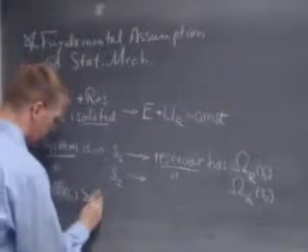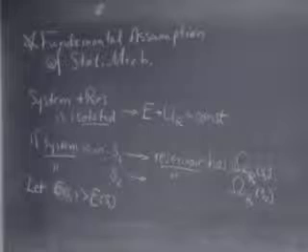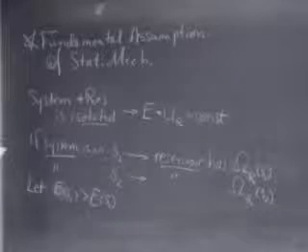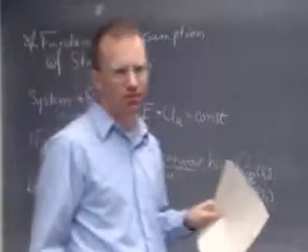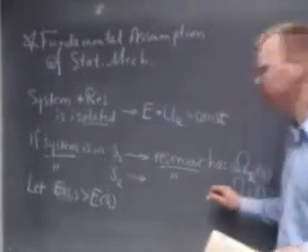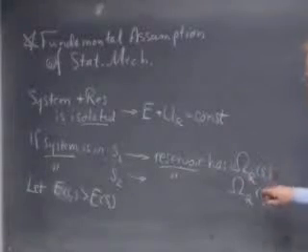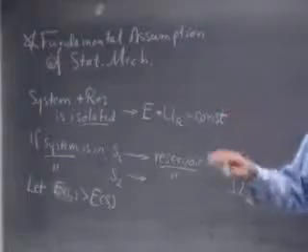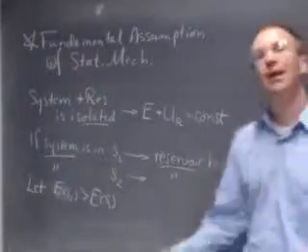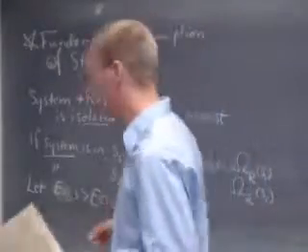So, let the energy for microstate S2 be greater than the energy for microstate S1. So what can we say about the reservoir's multiplicities? Well, if the system has more energy when it's in state S2 than S1, then the reservoir has less energy when the system's in state S2.